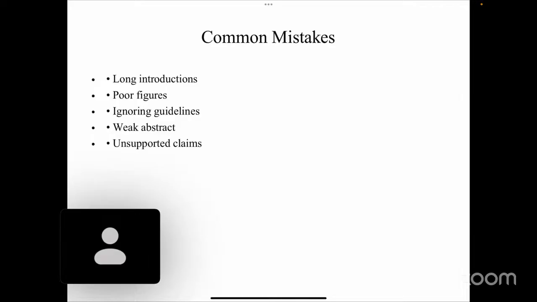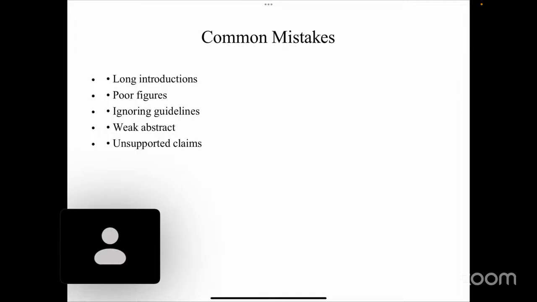Weak abstract. And this is a critical point. Why? Because the abstract is the first thing that the reader is going to see about your manuscript. You have to include all the important information and key points in your research, and avoid including extra points that are unnecessary.